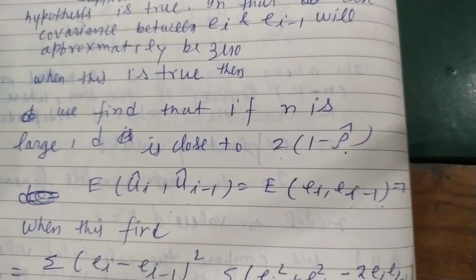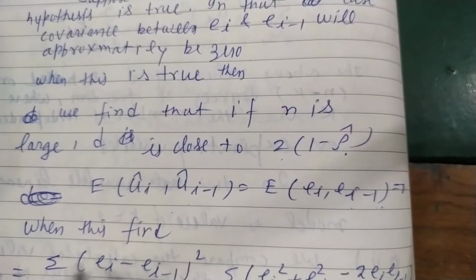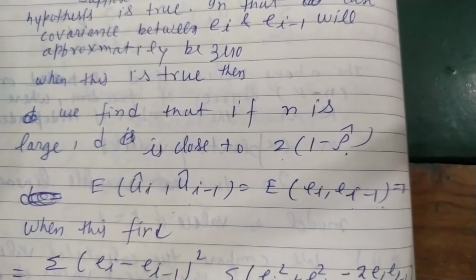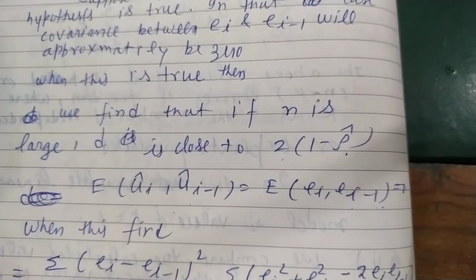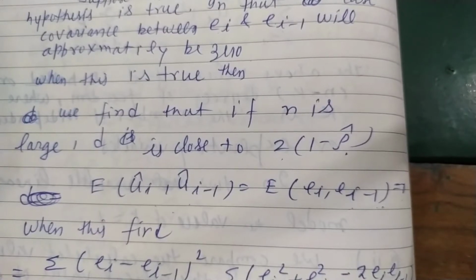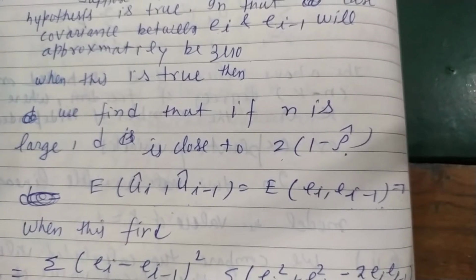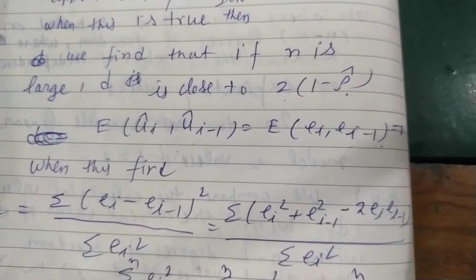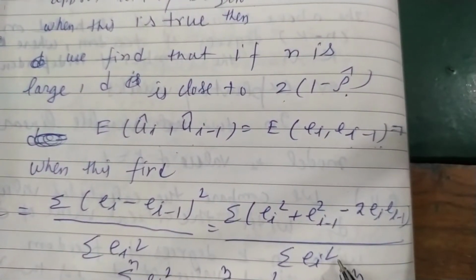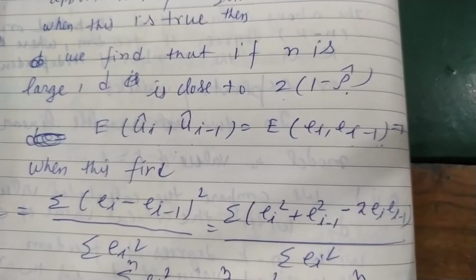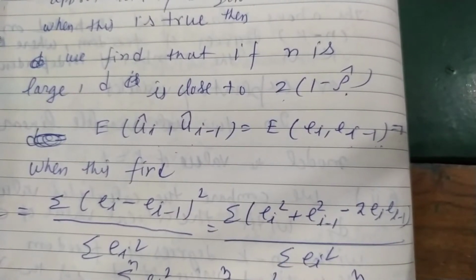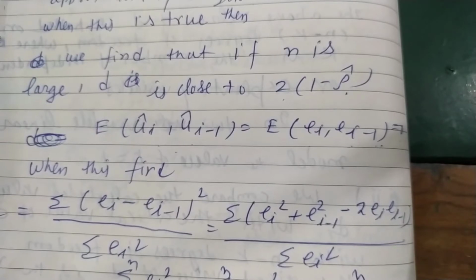Assumption: when this is true, d is equal to the sum of (ei minus ei minus 1) whole square divided by the sum of ei whole square, which is the sum of ei whole square plus ei minus 1 whole square minus 2 ei ei minus 1, divided by the sum of ei whole square. Approximately, ei and ei minus 1 are nearest to each other, their difference is equal to 0, and they are equivalent to each other.